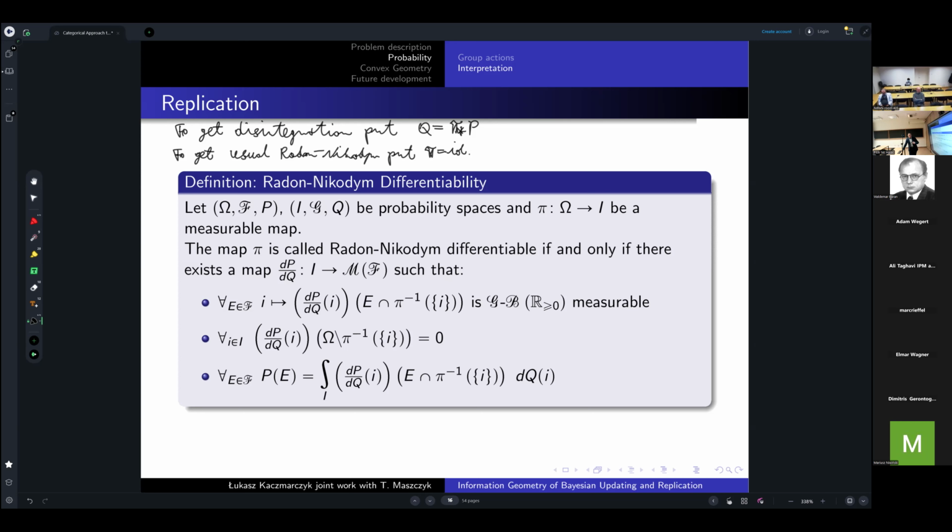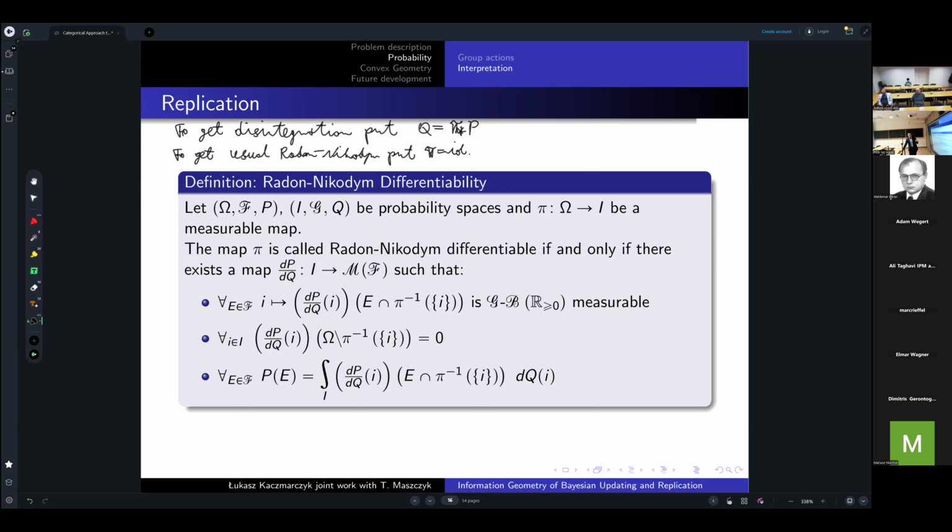And if you are, for example, in the standard Borel spaces, and you have the disintegration, then once this disintegration is fixed, everything else that happens in here is the usual Radon-Nikodym differentiation, and then all the usual rules apply.